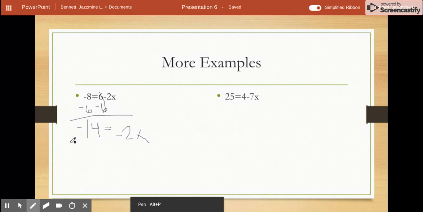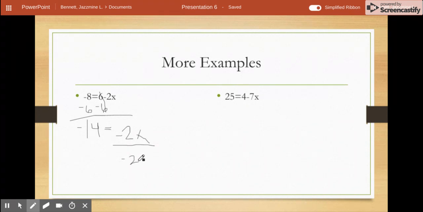Now we have to divide by negative 2. Always make sure you bring your signs with you. A negative divided by a negative is a positive. So negative 14 divided by negative 2 is going to be positive 7. So the answer is x equals 7.